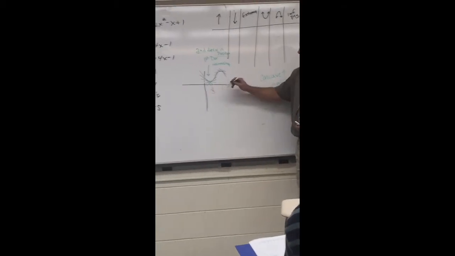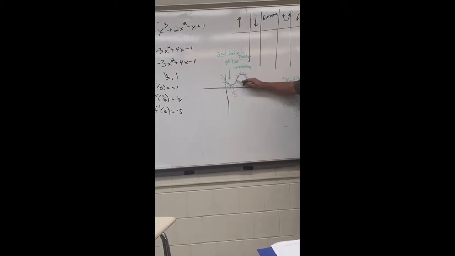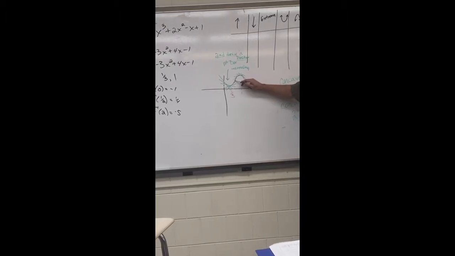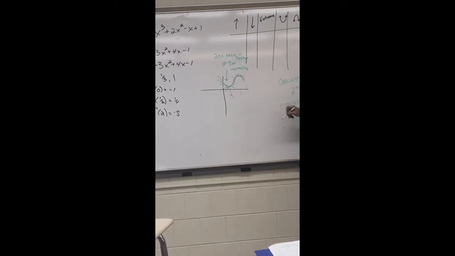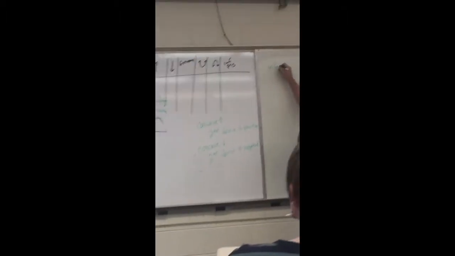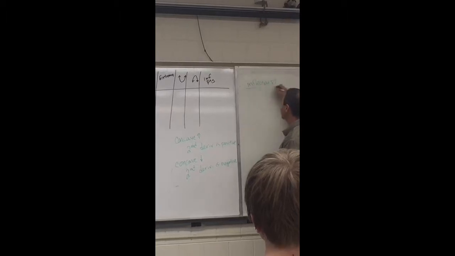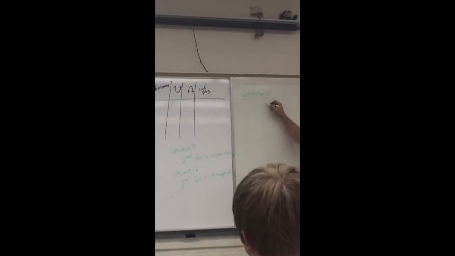Okay, so it looks like they're increasing to about right here, and then they start to decrease, right? You see that? At some point, it's going to go from increasing to decreasing, and that's called an inflection point. It's not concave up or down.